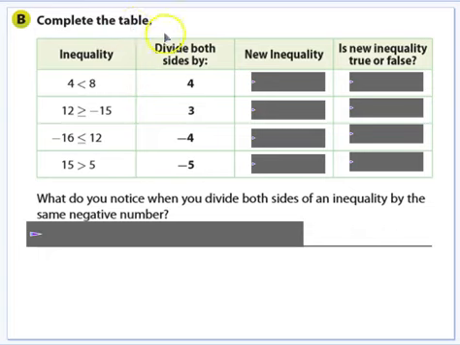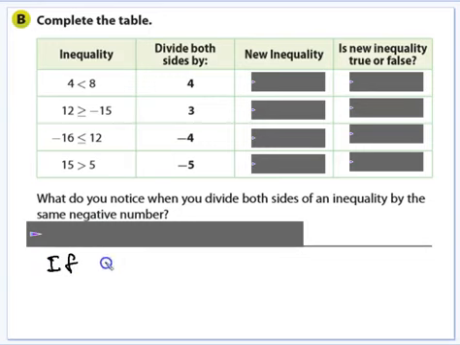Let's go. Complete the table. Divide both sides by. Woo. All right, class. So this is a little bit trickier. Okay? So I'm going to show you right now. Dividing both sides by 8, okay. Write this down.